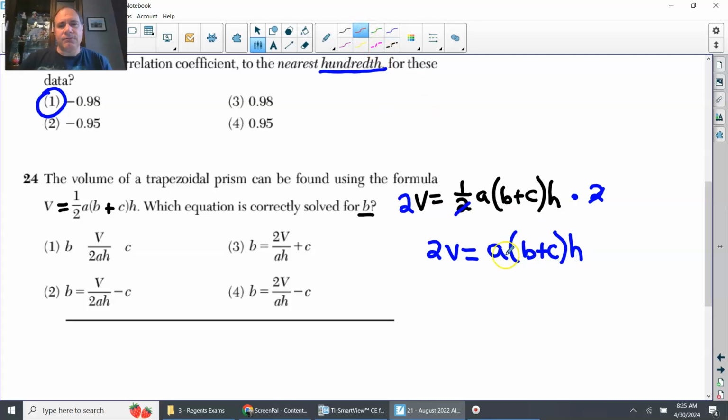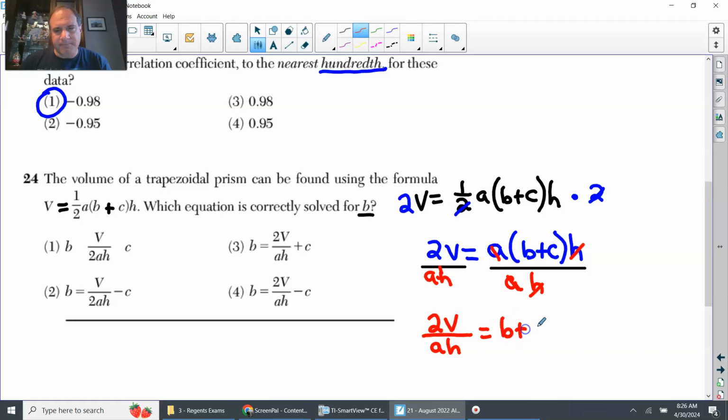So the next thing that you would do is to just divide by what you want to cancel. So I'm going to divide by this AH because I want to cancel that. This A cancels with this A. This H cancels with this H. This is 2V over AH equals B plus C. Now solving for B would just be minus C on both sides.